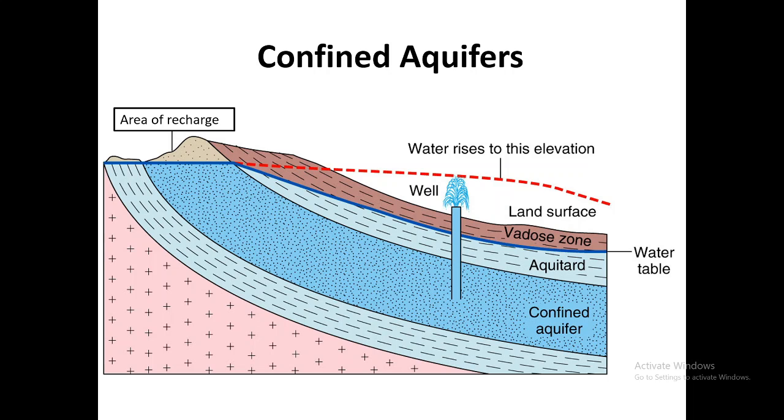In confined aquifers, the water is under hydrostatic pressure, so that's why it has the capacity to travel to higher levels within a well, within a spring.